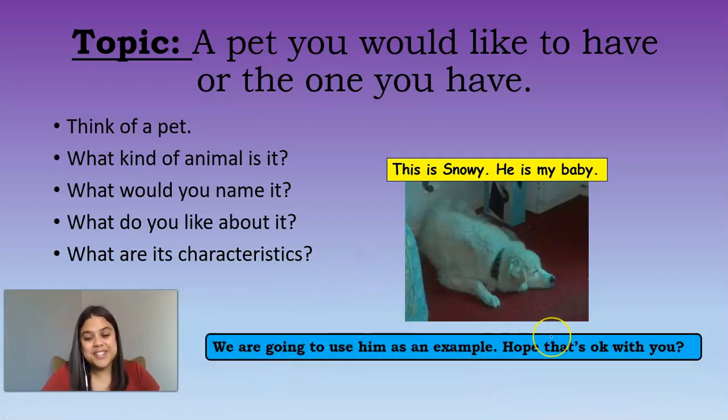We are going to use him as an example, and I hope that's okay with you because I know him and he's so cute and he's so loving. And as you can see over here, he was having a nice snooze in one of our rooms. So we're going to use Snowy as our example for this lesson.